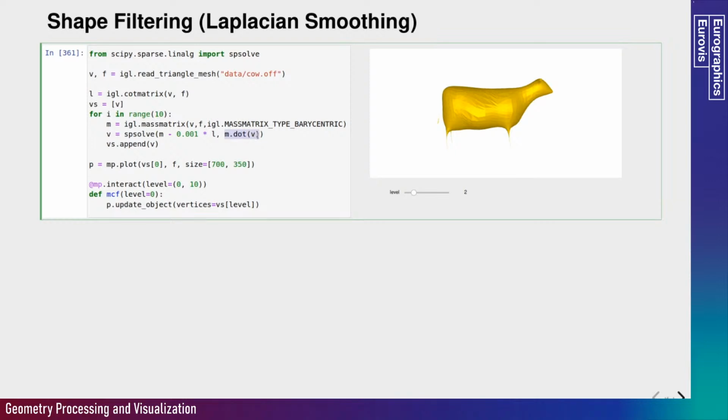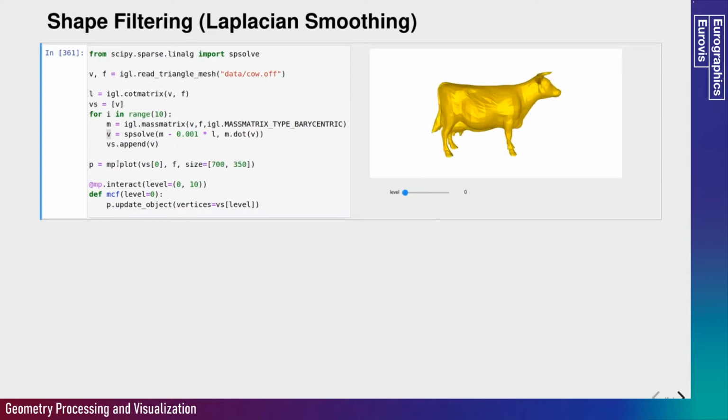So the mass matrix is actually used to accommodate for the areas around each of the vertices. Since some triangles might be smaller or larger, this mass matrix tells us where to smooth more or less. And once we've calculated the smooth vertex positions, we just append them to this VS list, and these are the 10 different smooth levels.